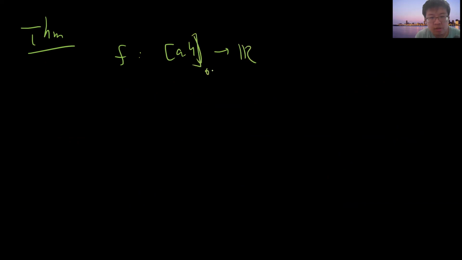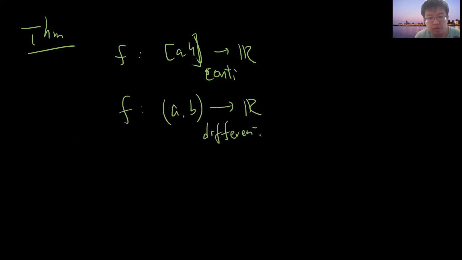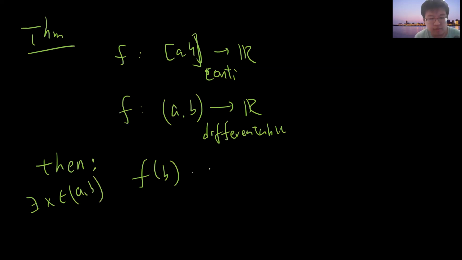So the final theorem, which is a special case that people usually do: if f is continuous on the closed interval [a, b] and differentiable on the open interval (a, b), then there is an x belonging to (a, b) such that f(b) minus f(a) equals f prime of x times (b minus a).